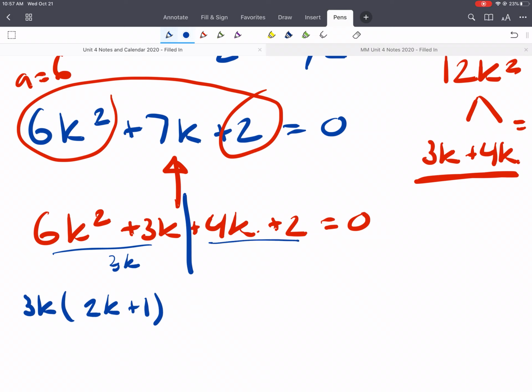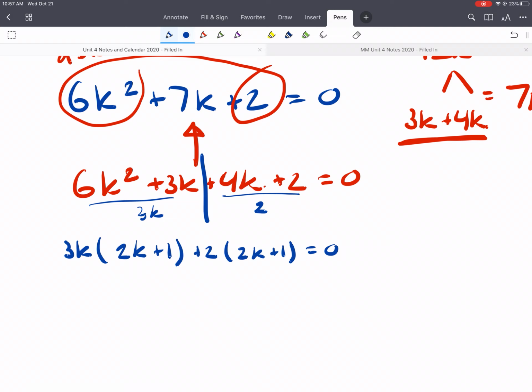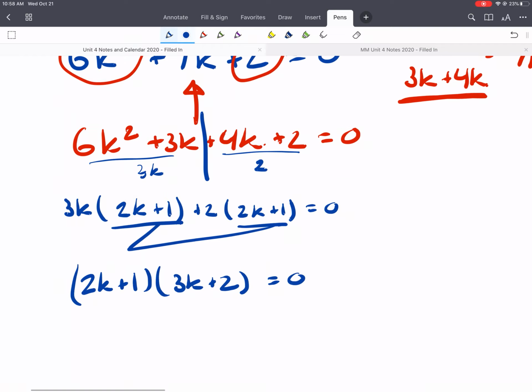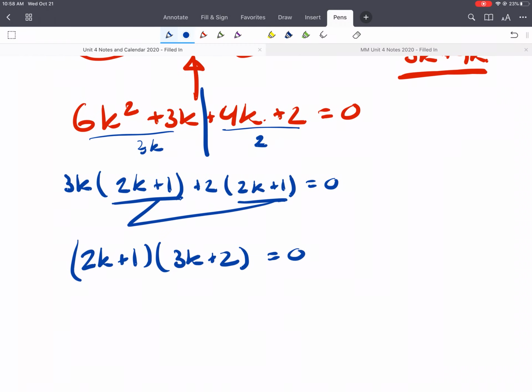And greatest common factor for this side looks like we could take out a 2, and that leaves us with a 2k plus 1. Right? So again, this is our common factor we can bring out, and leaves us with 3k plus 2. And again, now we have it fully factored.